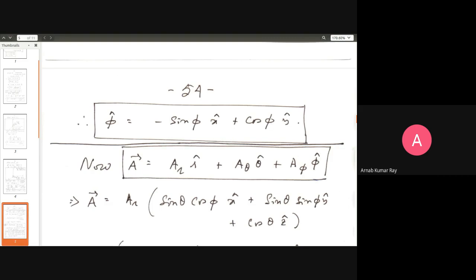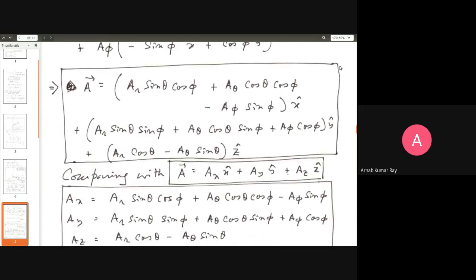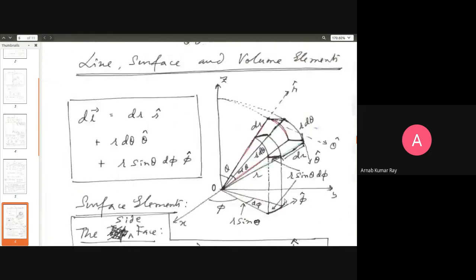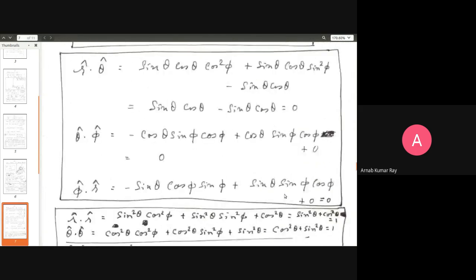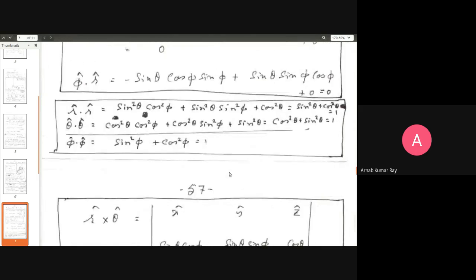Theta will be along a direction that is tangential to a line of longitude, and phi will be tangential along a line of latitude, along a circle of latitude. So that is what you have. Okay, so we have established the orthogonality. Now we shall just show that the cross products, 1 cross 2 gives you 3.